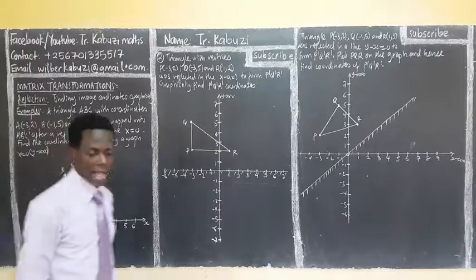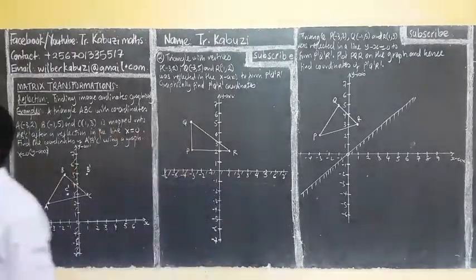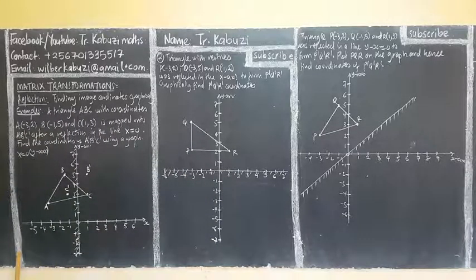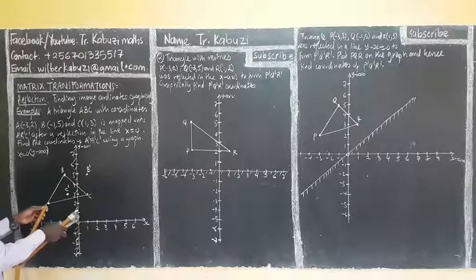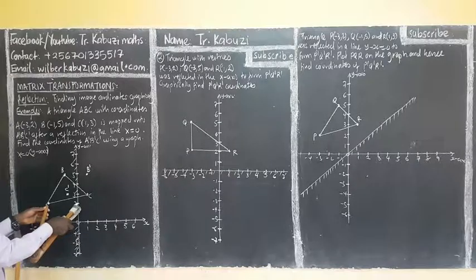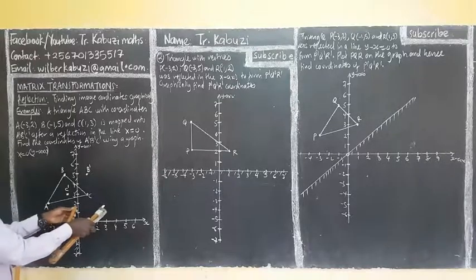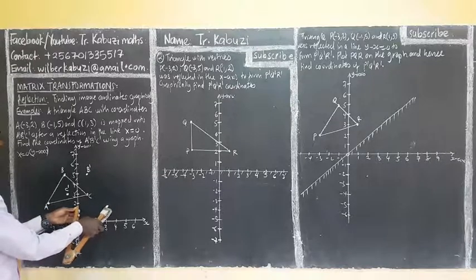Or, if you don't want that, you can use a compass. Bring your compass and measure the perpendicular distance from A to the line. Then you take that same distance to the other side and draw an arc there.